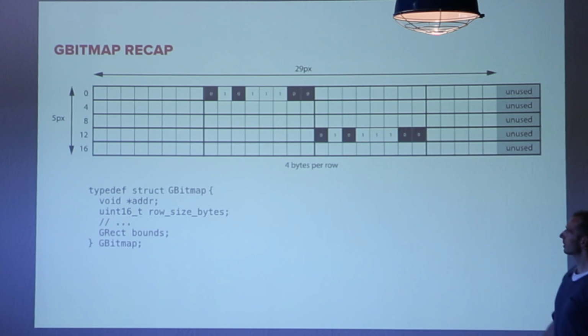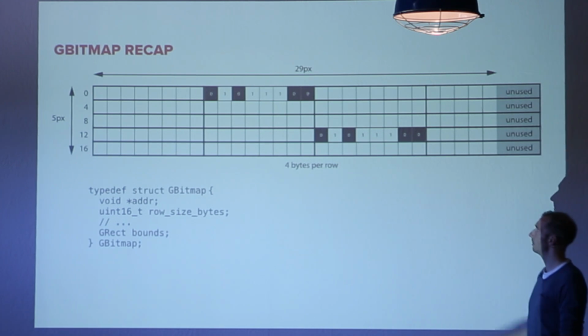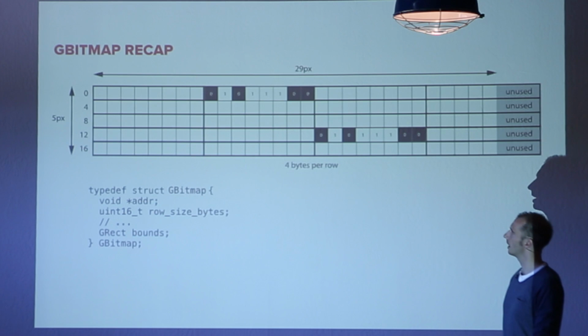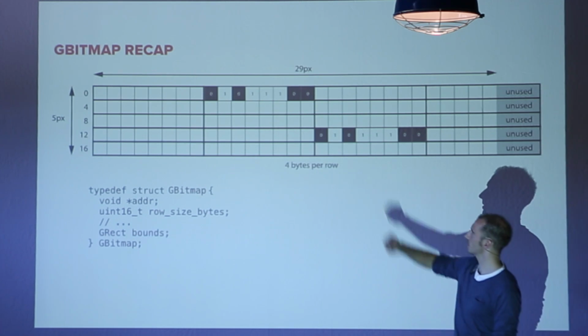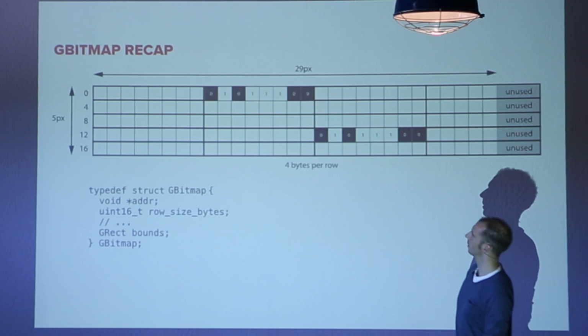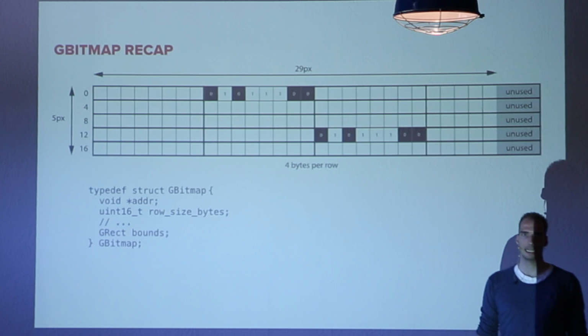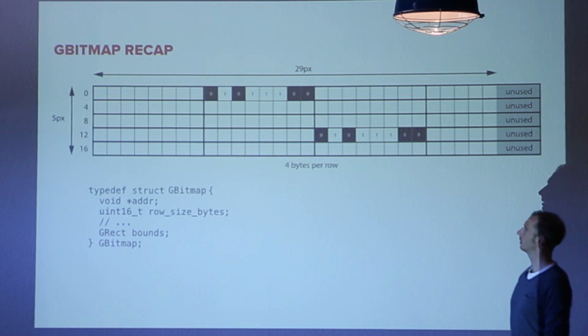So we have actual pixels on our screen. Say we have a GBitmap that is 29 by 5 pixels. We want to address pixels here. And say we want to address that white pixel there, which is at coordinate 9, if you start counting at 0, or 10, or what is it?